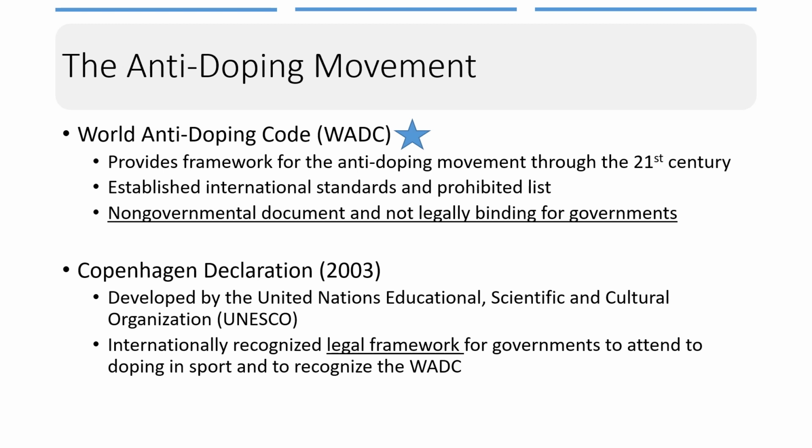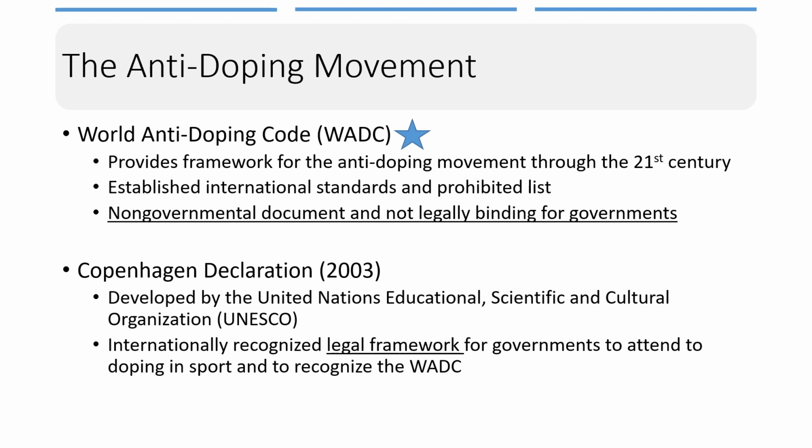Now, it's important to note that the WADC is a non-governmental document holding no legal binding power over governments. Instead, it forms the cornerstone of collaboration between various stakeholders in the sporting world, including athletes, sporting organizations, anti-doping agencies, and government bodies.